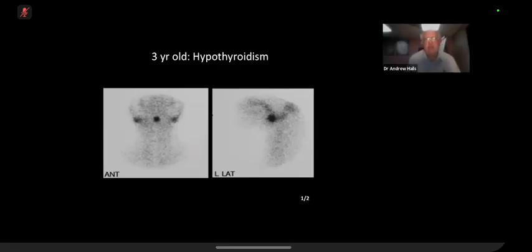Yes, that's right. So we've got an anterior view, the thyroid should be down here, there's nothing there. There's a little focus here, and on the lateral view, you can just about make out the soft tissue outlines. This is probably at the back of the tongue, lingual thyroid. And the patients are often hypothyroid because there's just not enough thyroid tissue in there to give them a normal thyroid function.